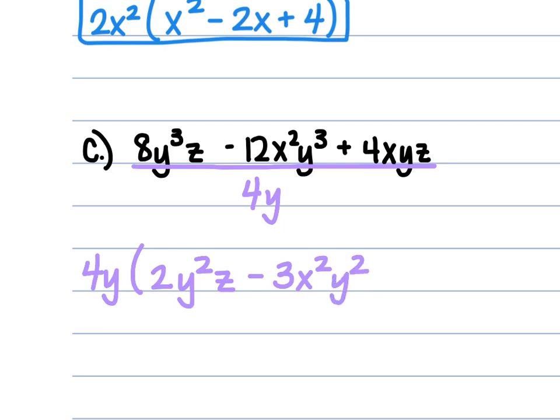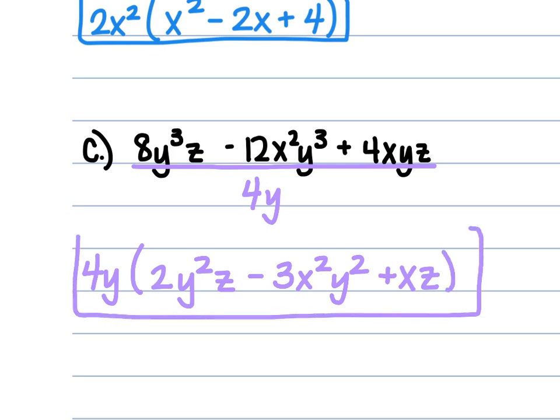The last term, we have a positive 4 divided by 4, which is just a 1. Do we need to write the 1 in front of the variable? No. So we keep the x, the y's are going to cancel, and we keep the z. So we have 4y times 2y squared z minus 3x squared y squared plus xz.